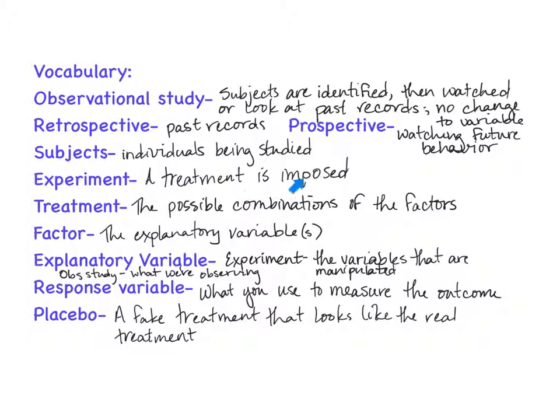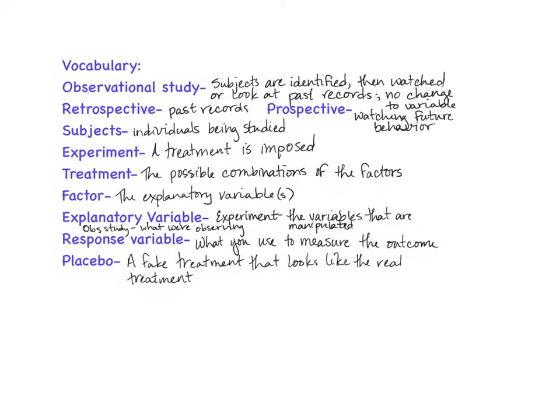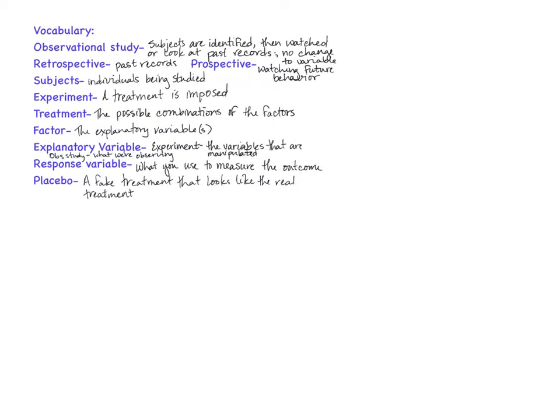In an experiment, a treatment is imposed. So that treatment, what we're looking at is the changing of a variable. The factor is an explanatory variable and the treatment is the possible combination of those factors. And the best way that I can do this is to show you a little bit of a diagram.